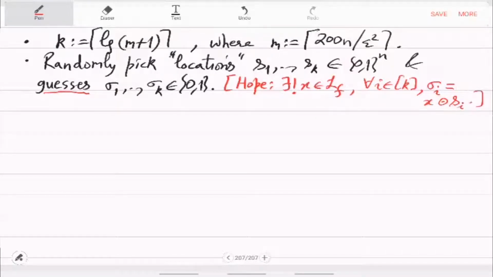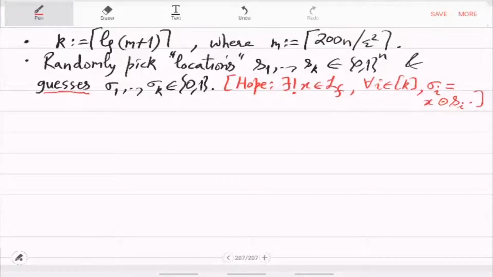So in the S_ith location of the correct code word, which you don't know, we are assuming that the bit is sigma i, which means, if you recall the definition of Walsh-Hadamard, that the inner product of x and S_i is sigma i. So let us make these k guesses.